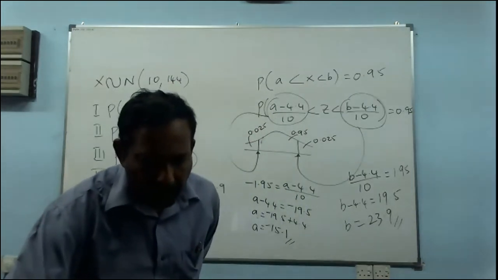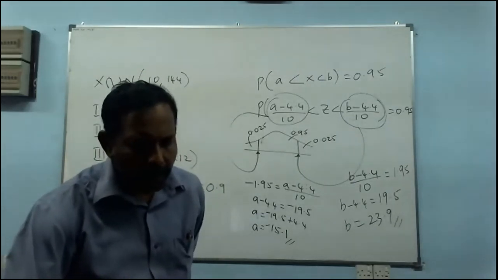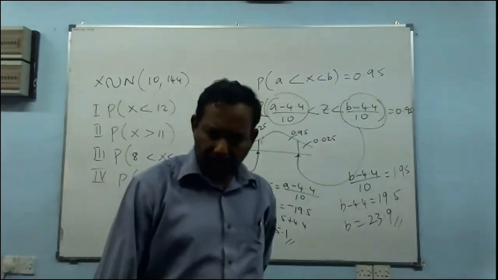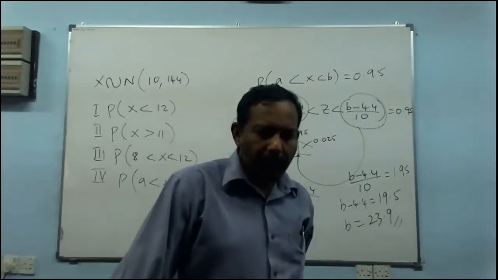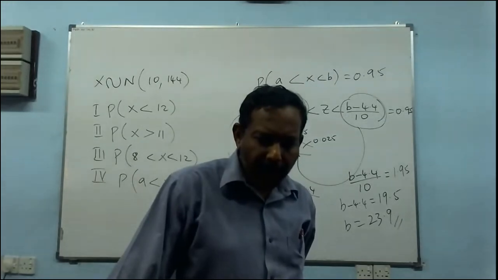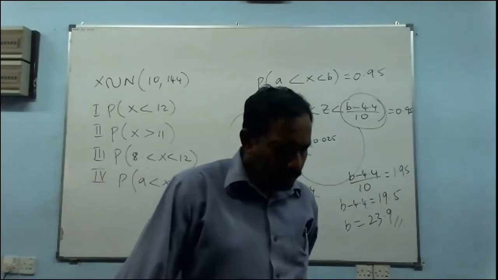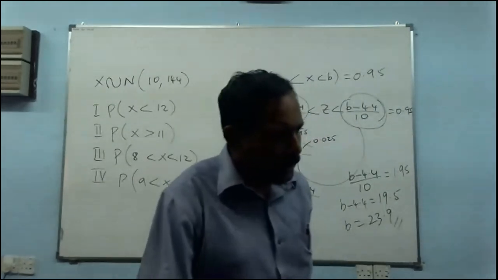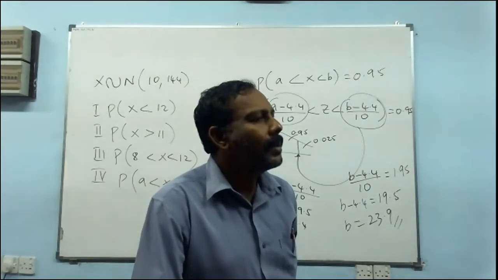Sir, excuse me, shall we use the Z transformation equation to go from the standard graph to the normal distribution? I didn't get your point. If some questions give the standard deviation... can we change the standard form to the normal distribution?